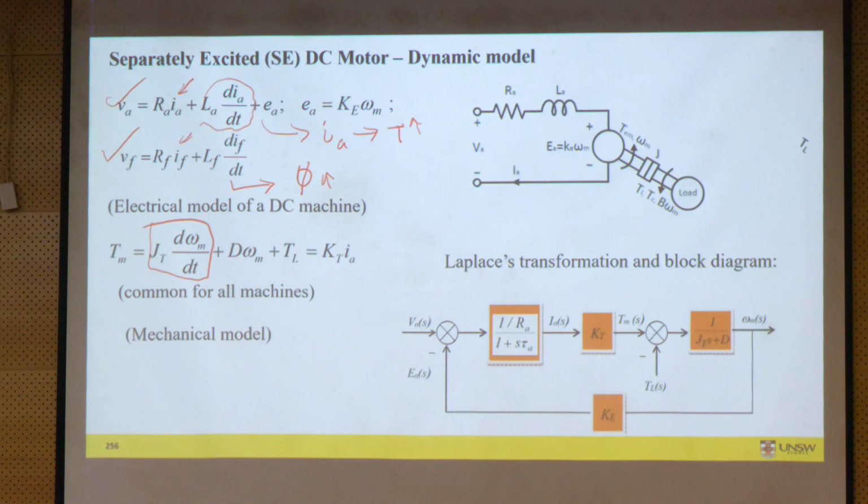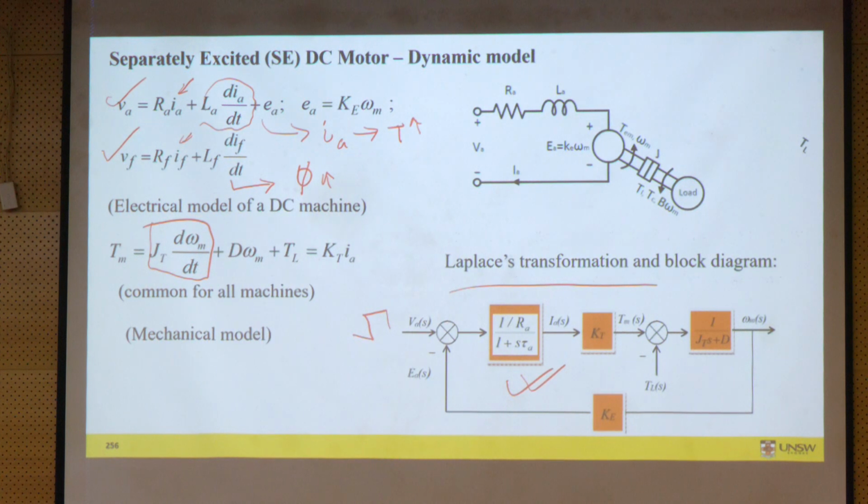To handle this type of equation and analyze response, the best way is to use the Laplace transformation, if you remember. We can convert this equation to Laplace and get a block diagram like this, and use it to analyze the response for a step change of voltage or step change of torque, etc.